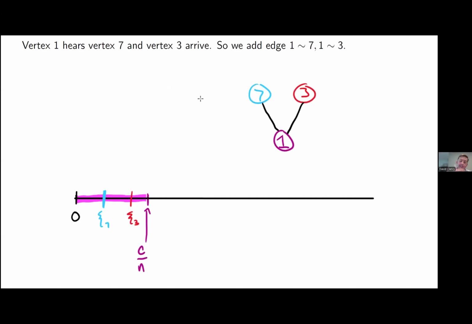So in this toy realization, we hear arrivals psi_7 and psi_3. That means that in the graph, we'll add an edge between vertex 1 and vertex 3. But these are the only arrivals that we hear between 0 and c over n. So we only add the edges between the pair 1, 7 and the pair 1, 3.